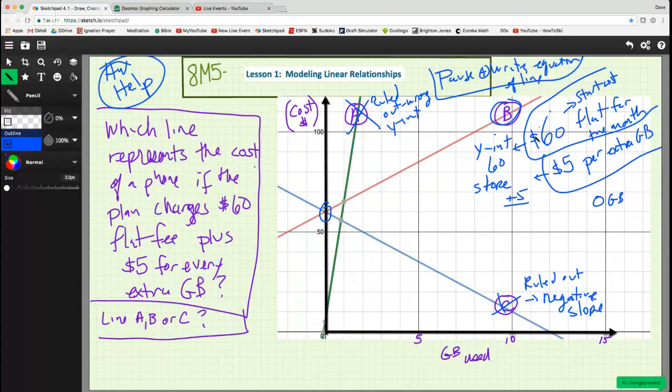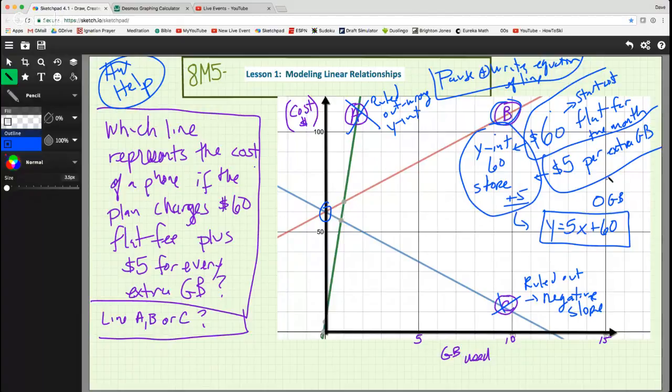So let's just make sure we can write our equation here. So we should get y equals 5x plus 60. That is our equation. And so let's just make sure we have another point that looks like it works. So let's try 5.